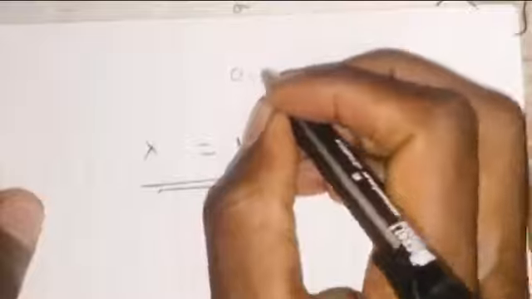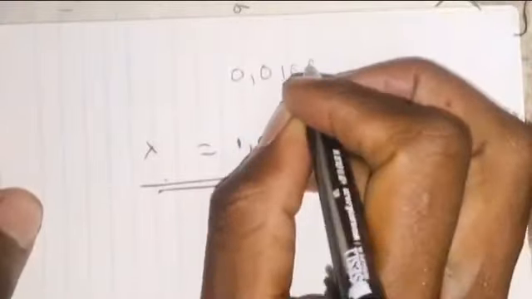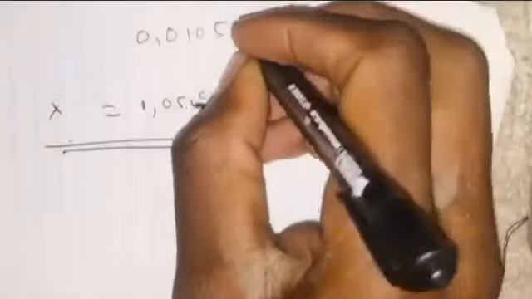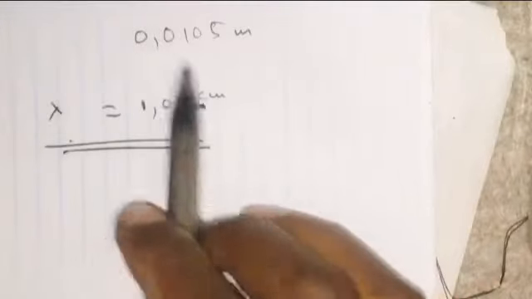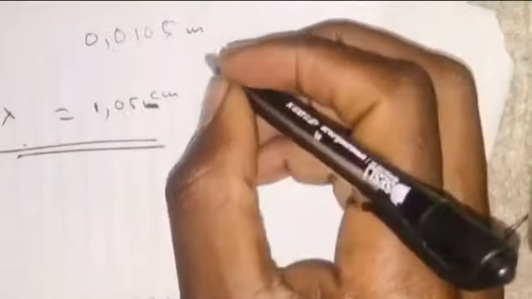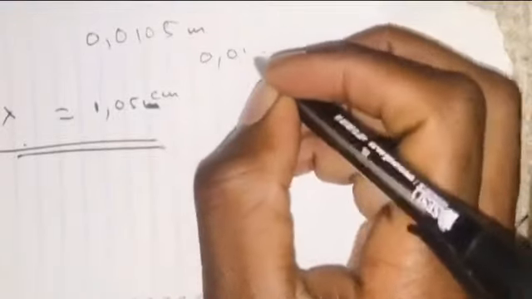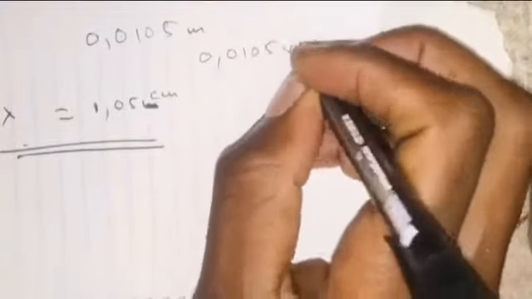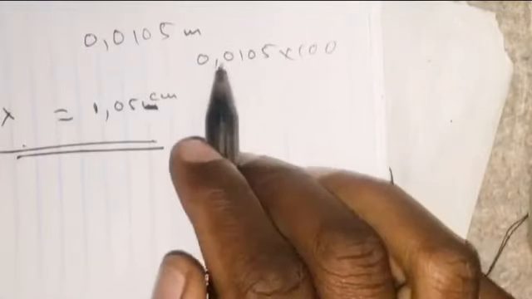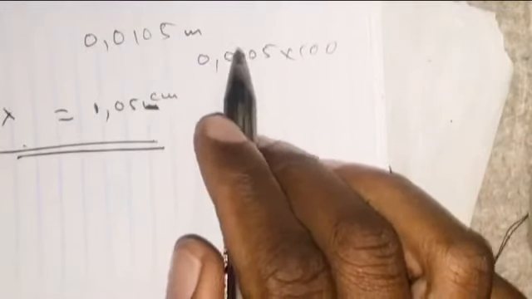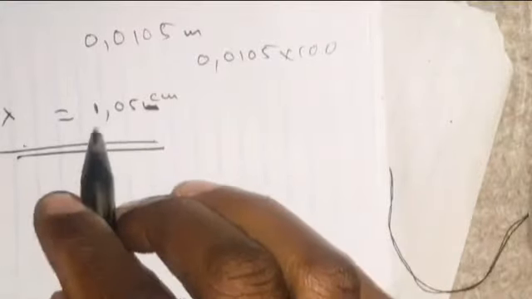It actually comes out as 0.0105 meters, but putting it in centimeters, we multiply this figure by 100, so it's 0.0105 times 100. Then the decimal point moves twice, 1, 2, and it becomes 1.05 centimeters.